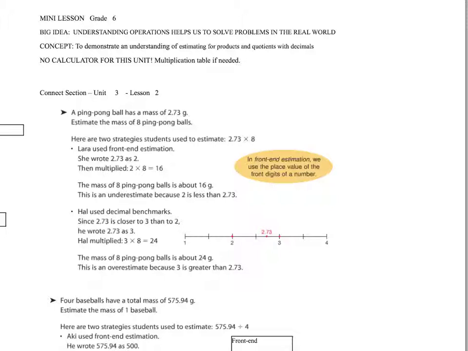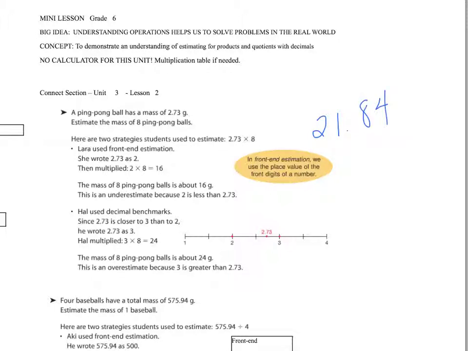And in fact, if I were to do the work for that one, I could see that 2.73 times 8 in my calculator here is actually 21.84.